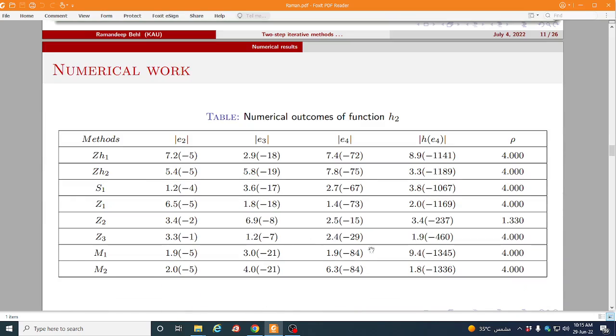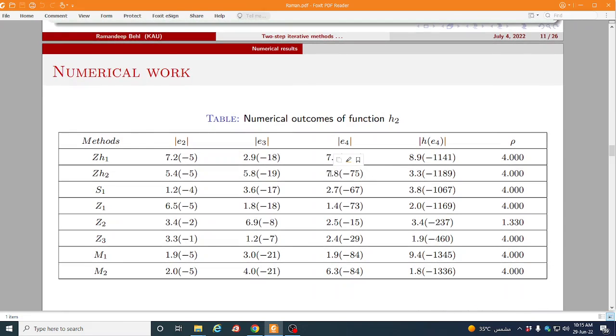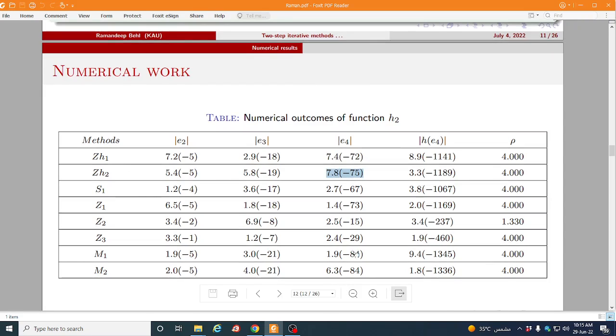So you can see here Zhao H1, Zhao 2, Soleimani, and some other methods, Zafar Ali et al. Among all these 6 methods, the difference between two consecutive iterations, the lowest among them is this one, 7.875, but comparatively this one is much larger.